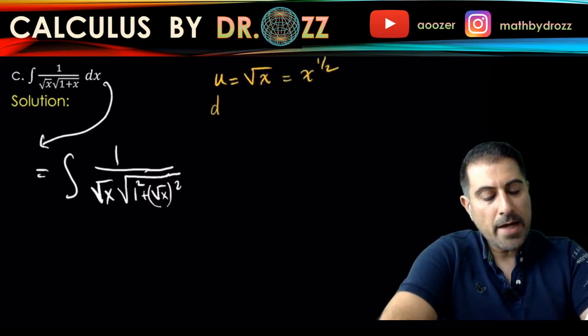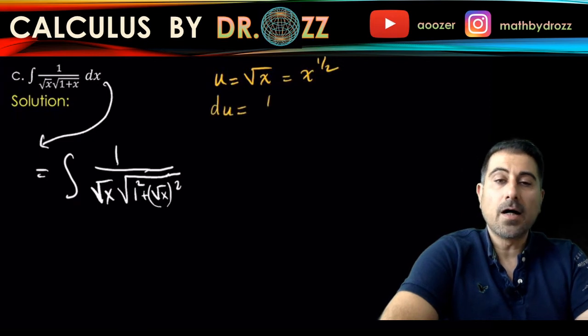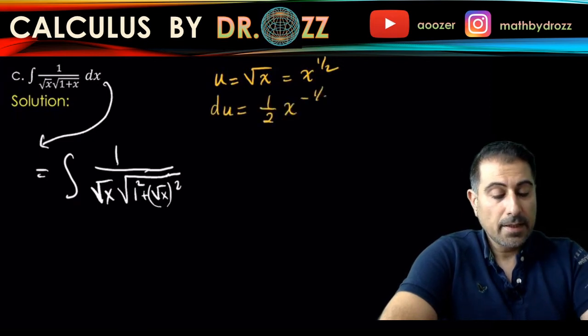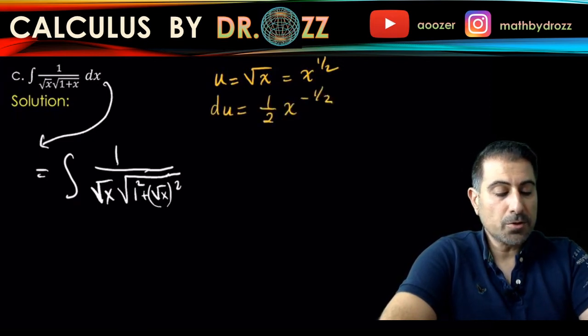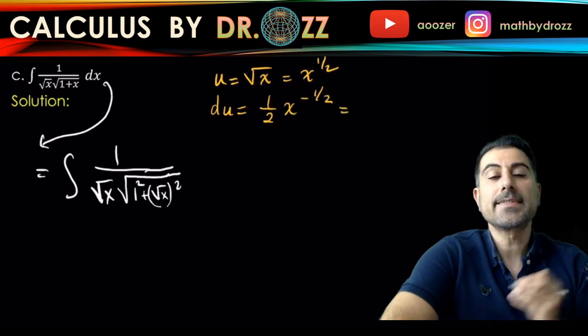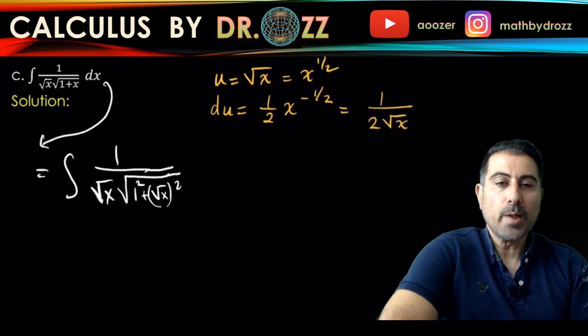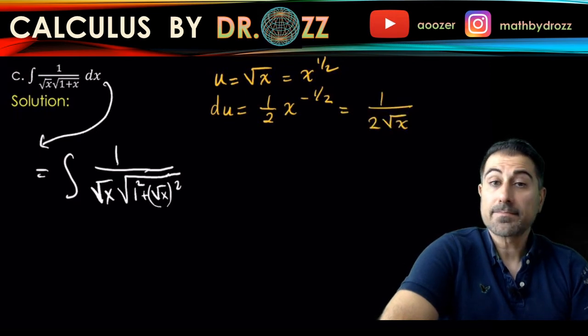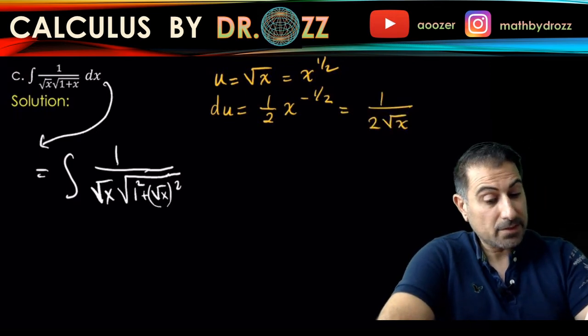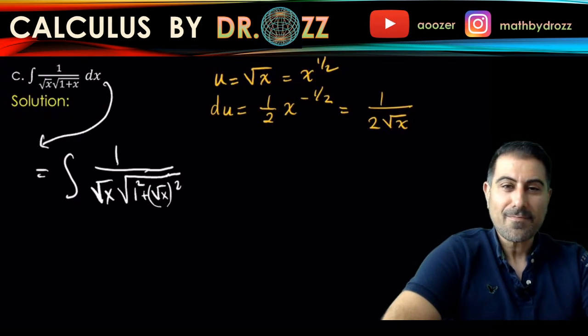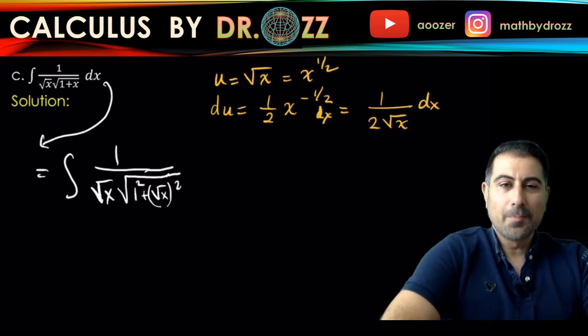That is 1/2 x to the power of negative 1/2, which equals 1 over 2 radical x, because x to the negative 1/2 is 1 over x to the 1/2, the root x. And don't forget dx on both sides.